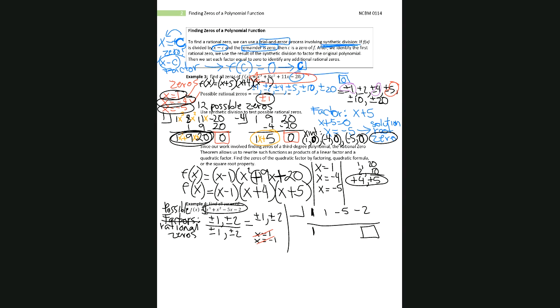If we try to test with positive 2, drop the 1. 2 times 1 is 2. 1 plus 2 is 3. 2 times 3 is 6. Negative 5 plus 6 is 1. 2 times 1 is 2. Negative 2 plus 2 is 0. So we have found one of those, positive 2. This one is a 0.